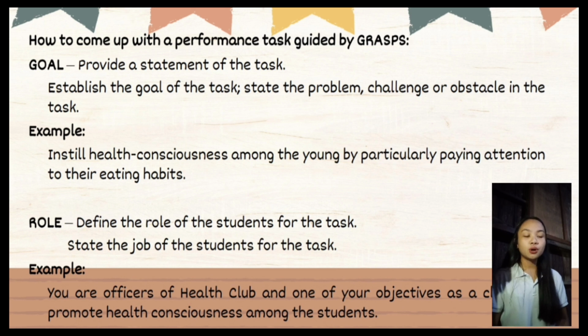Moving on to the role. The role is to define the role of the students for the task, or state the job of the students for the task. It's like the responsibility, or what the students will do. For example, you are officers of the health club, and one of your objectives as a club is to promote health consciousness among the students.